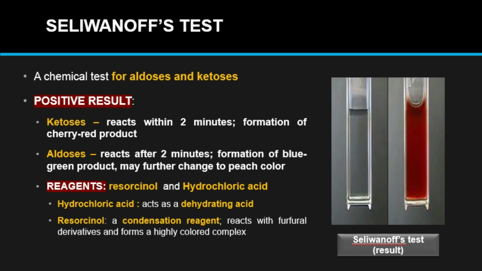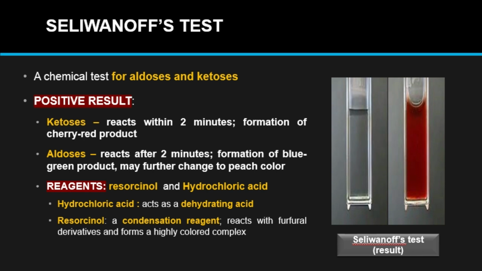The positive result for ketoses reacts within 2 minutes and forms a cherry red product. Aldoses react after 2 minutes, and a blue-green product is seen, and it is also possible for it to change to a peach color.